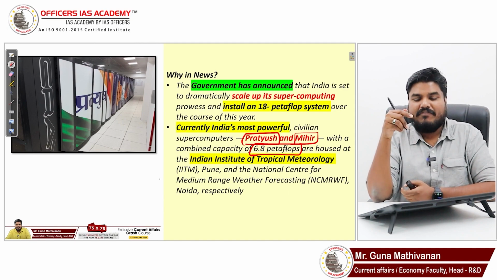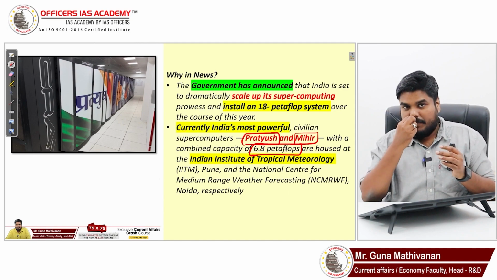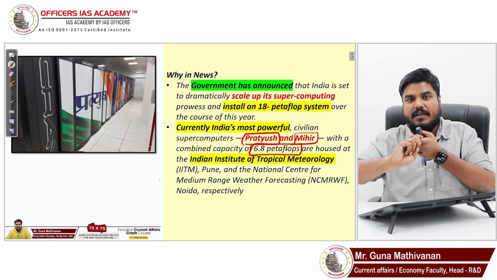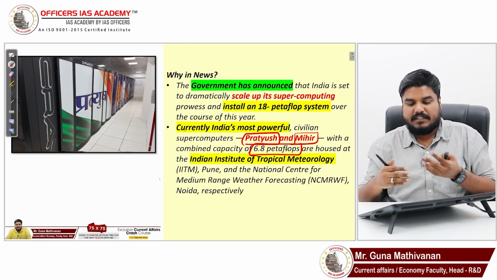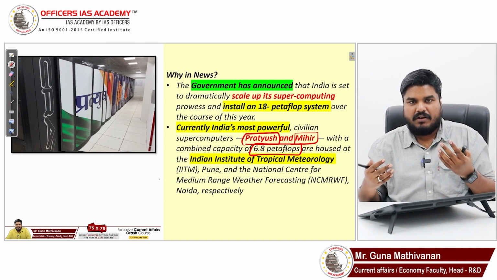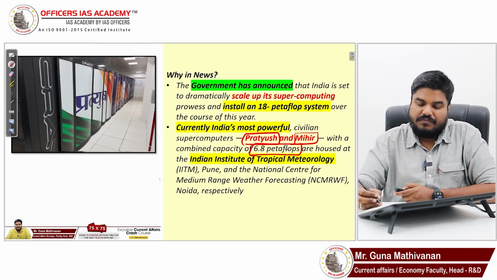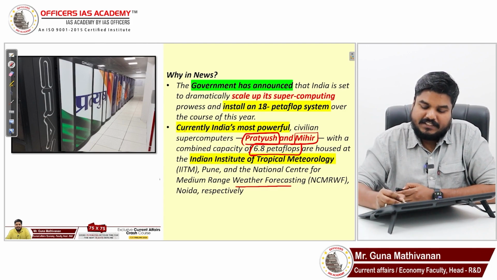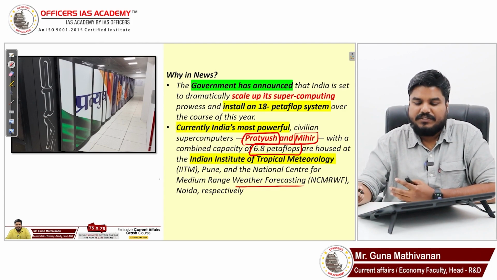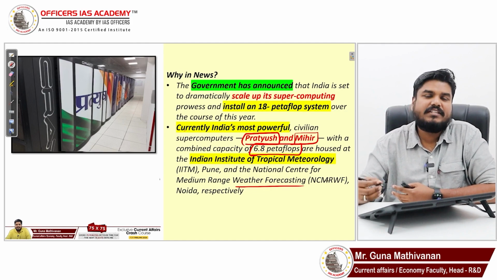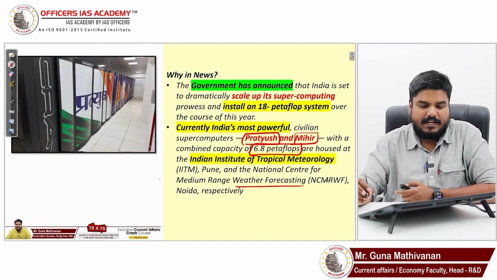It is used largely for weather forecasting. The Meteorological department uses it. All right.